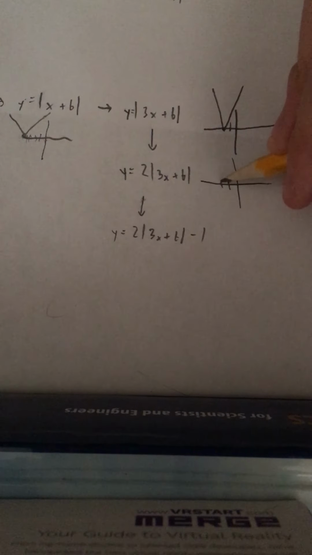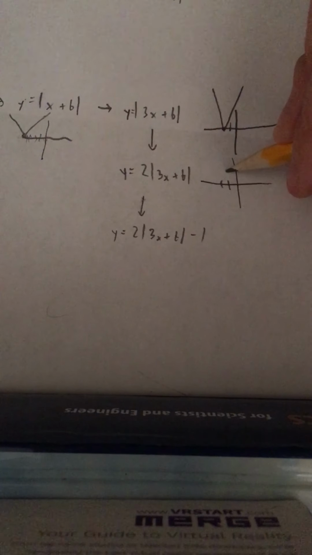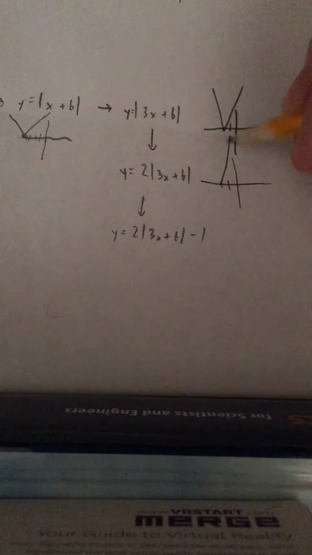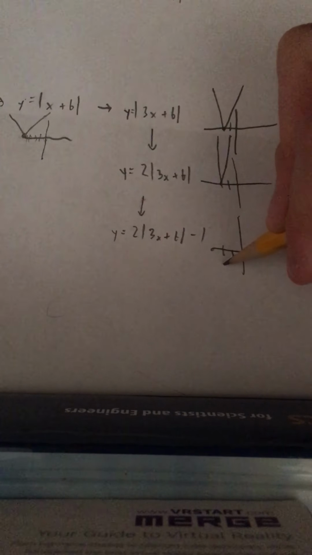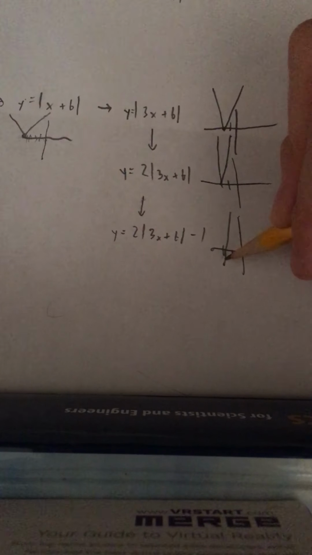Then when you go from here to here, all you're doing is stretching by a factor of 2. So that means whatever the height is for this picture, you're going to multiply by 2, and that's going to make it even more stretched out. And then shift down 1. So your final graph will look like this.